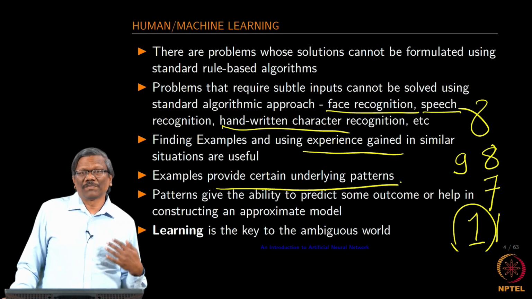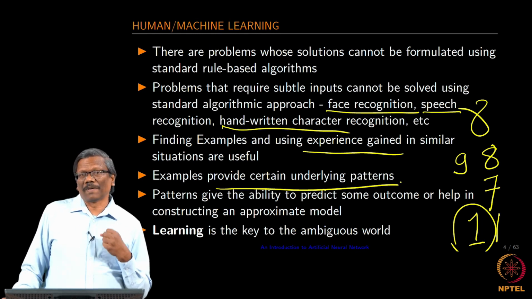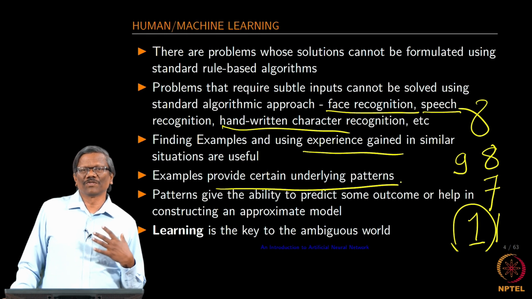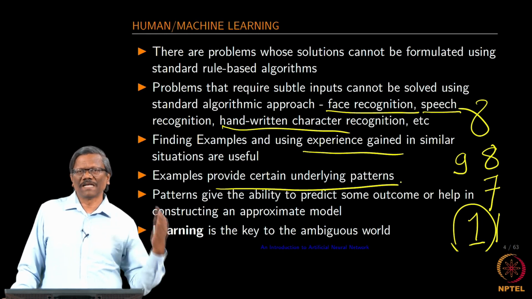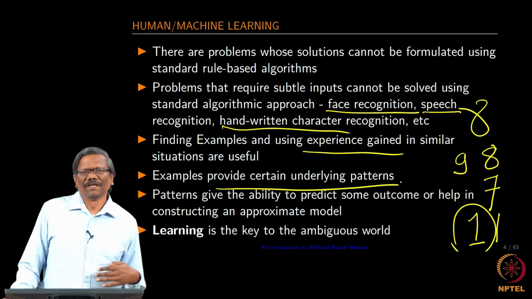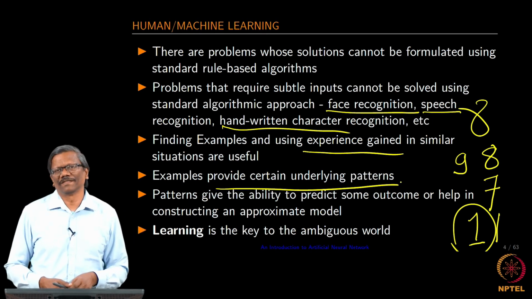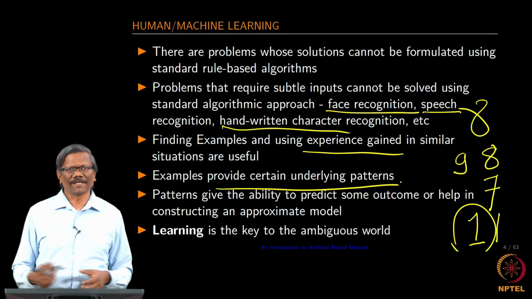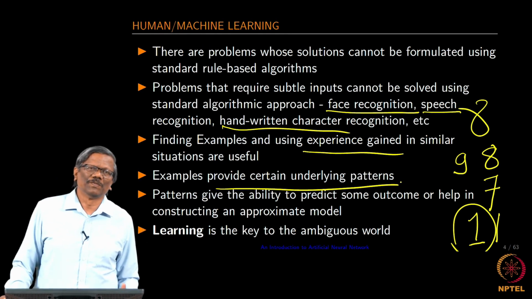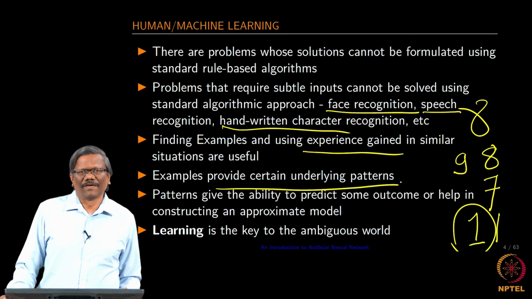But if, based on the examples, it is able to extract the patterns and then match those patterns with the incoming new set of data and say that it may belong to this, that is a great improvement, right. And that is exactly what we want to do in machine learning.